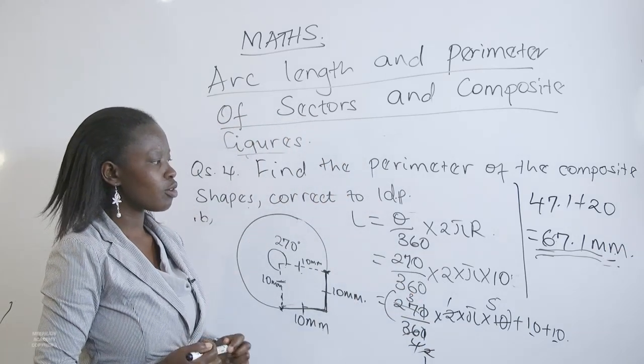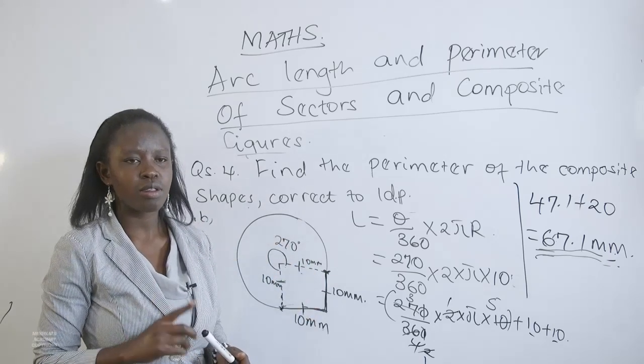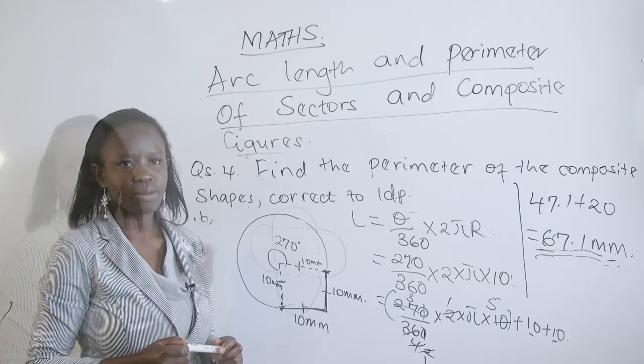So the perimeter of this figure that we have is 67.1 millimeters.